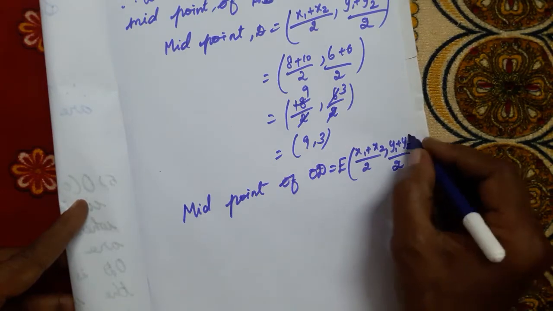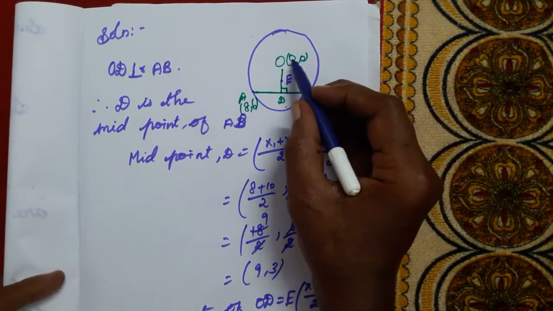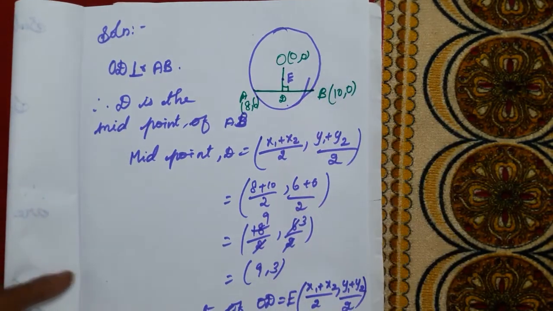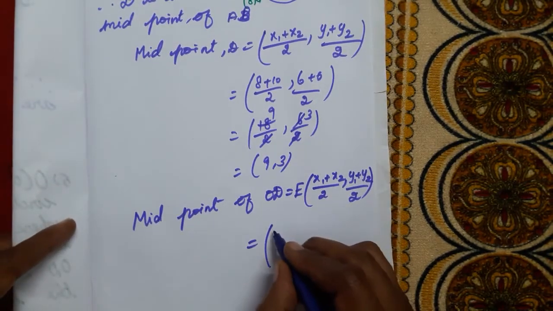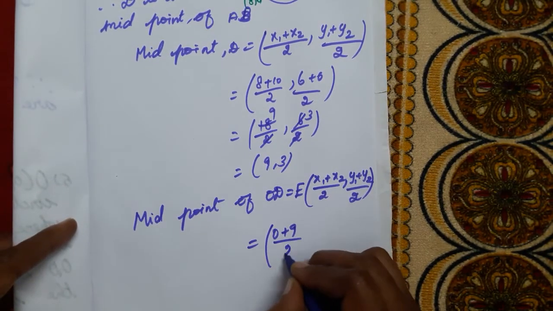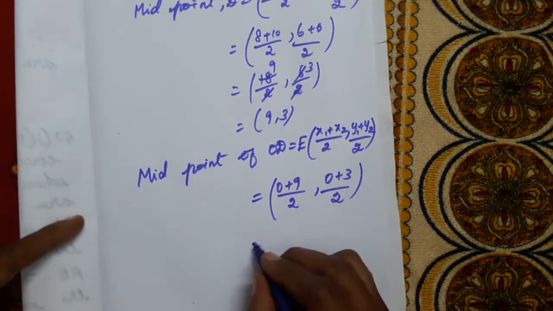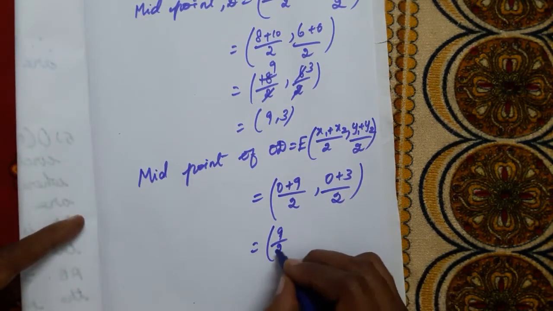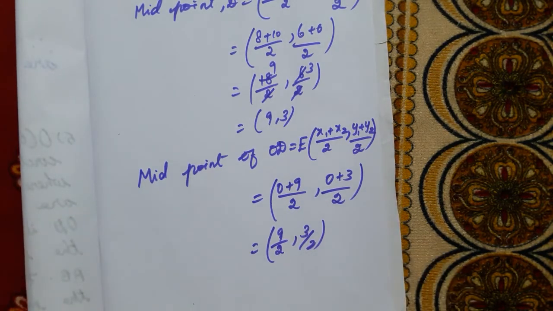Here x1, y1 is (0, 0). Next x2, y2 is (9, 3). So (0 plus 9 by 2, 0 plus 3 by 2), which is equal to (9 by 2, 3 by 2). It is the midpoint of OD. Have you all understood this? Any doubt in this problem? Okay.